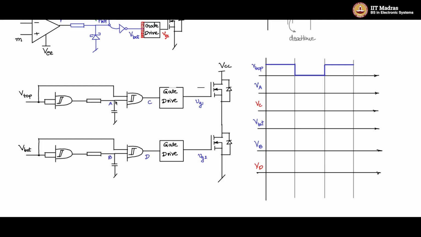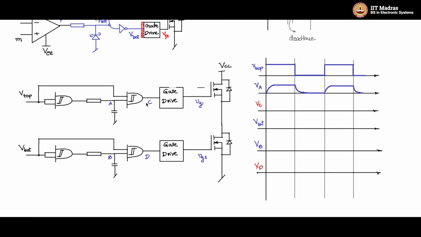So there will be an RC filtered waveform at VA. With first order filtering, you will see that. So let me draw this filtered waveform with this RC filtering, first order filtering. So this is how VA would look with the filter.